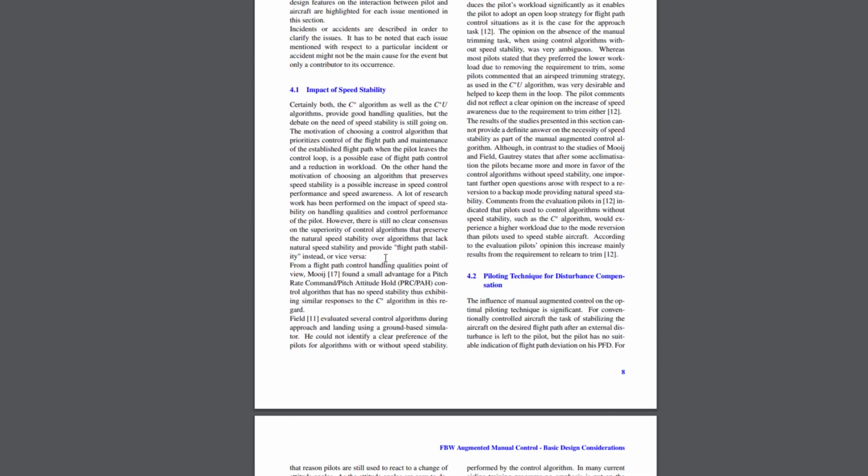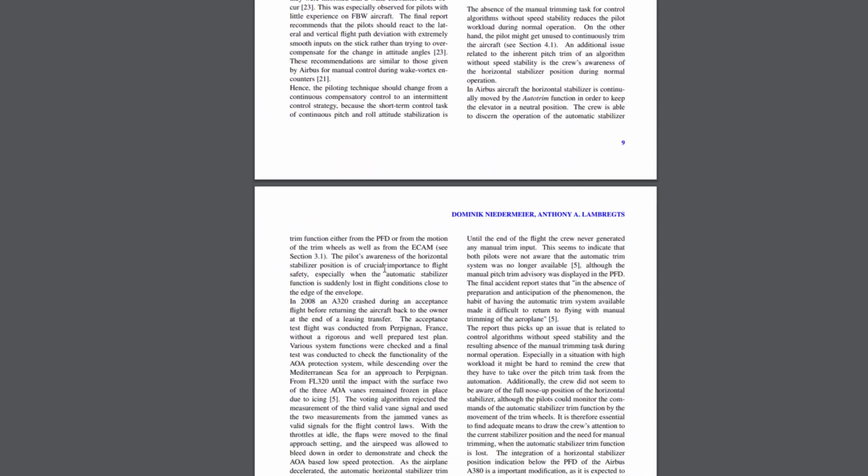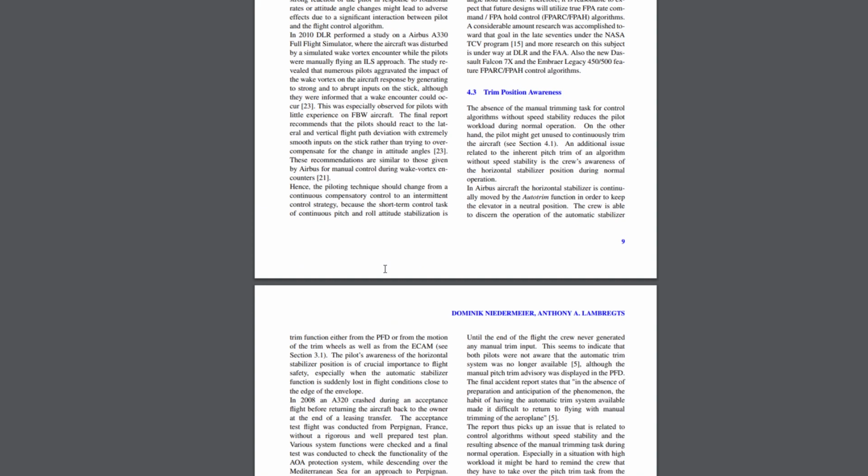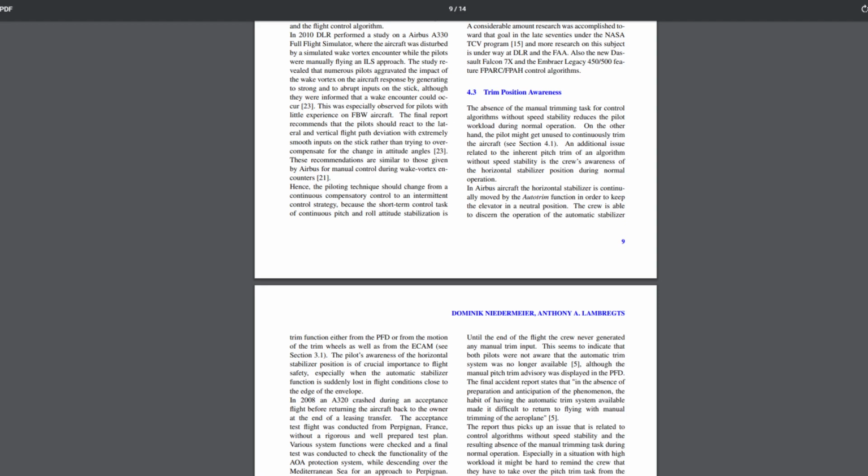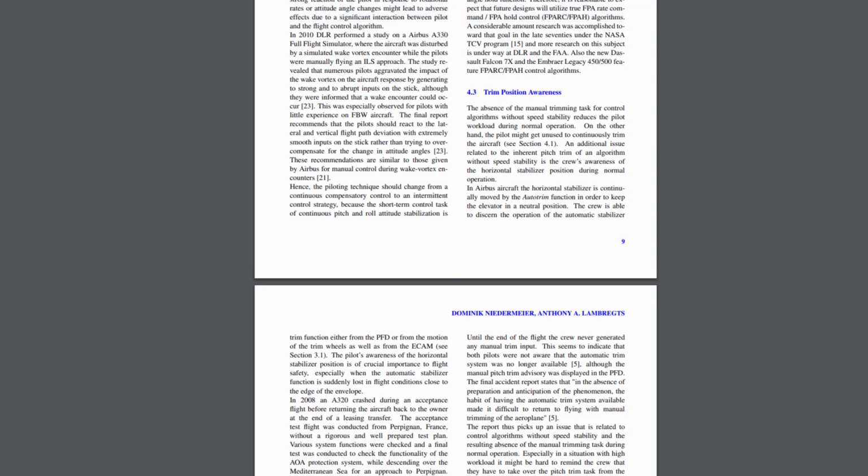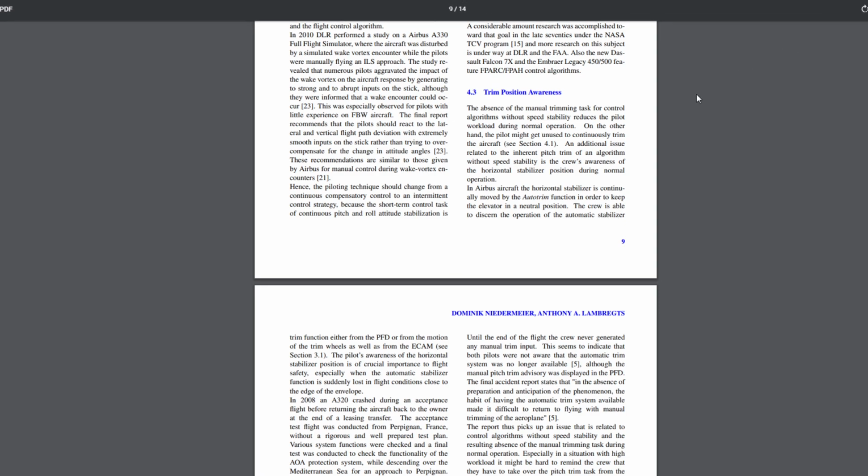So that's that. Anyway, the main thing you will notice about a fly-by-wire plane is how it holds your last pitch command. In the Airbus plane it moves the horizontal stabilizer. Most times in flight, the elevator is actually never really used in a stable plane anyway.